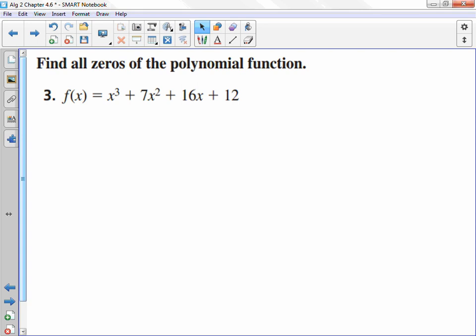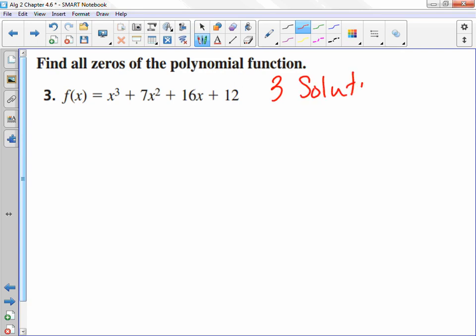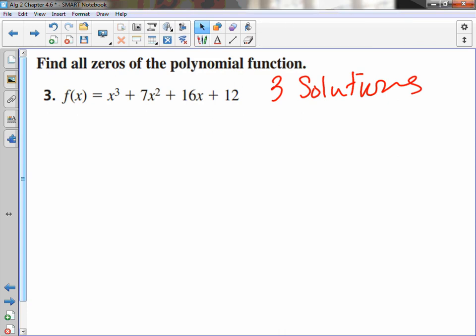Let's look at this next one. So this one here is a cubic, so we should have 3 solutions, yes? So let's look in the calculator. Let's graph this, because if I graph this, and I'm given 3 solutions, I am finished. Because that's all we need.